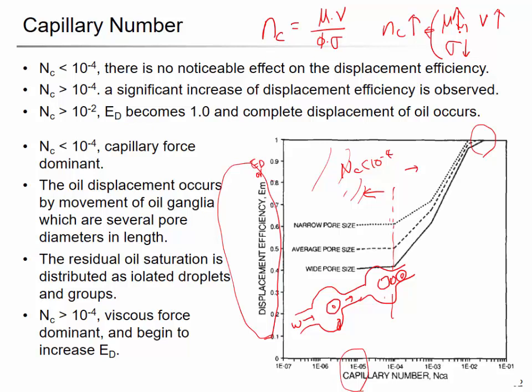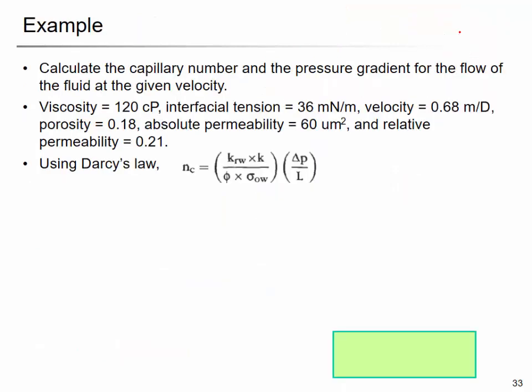Okay, example, very simple. Calculate the capillary number and the pressure gradient for the flow at the given velocity. And the information, the fluid viscosity is 120 cp, interfacial tension here, and velocity is here. So this is per day.